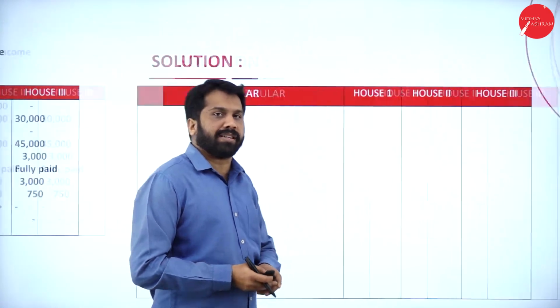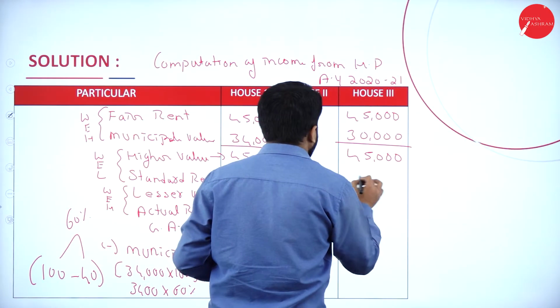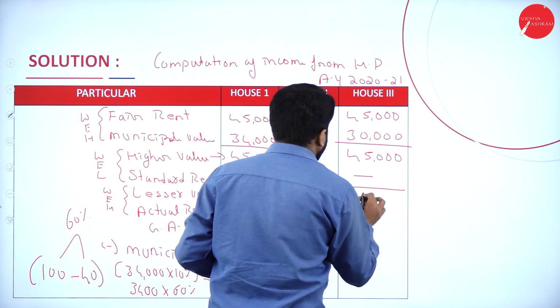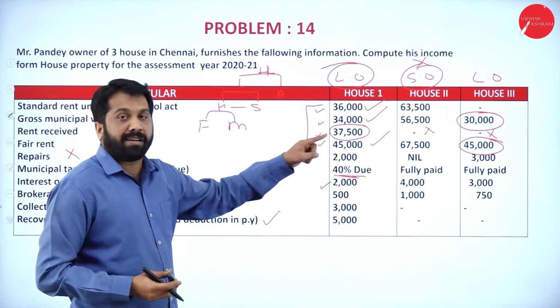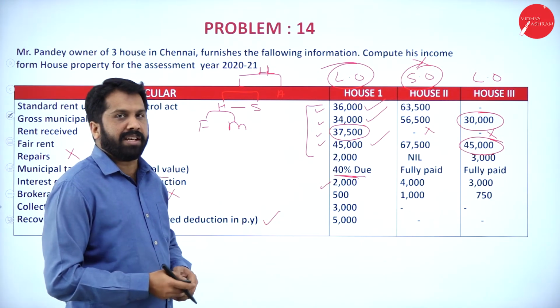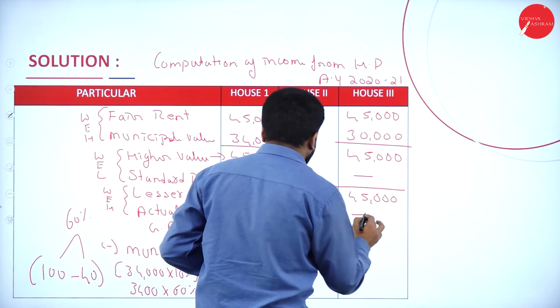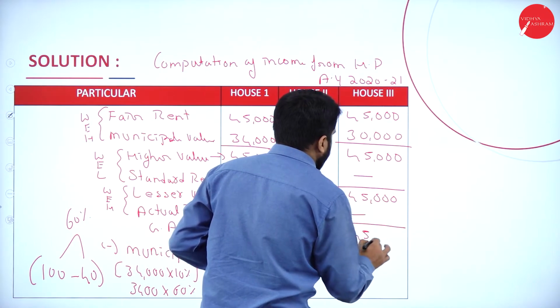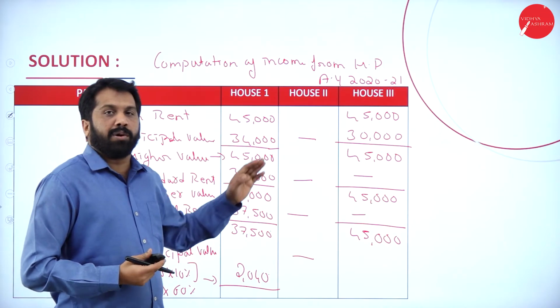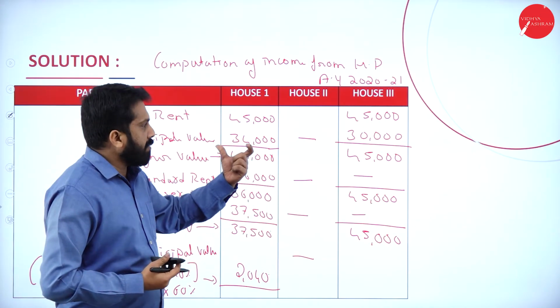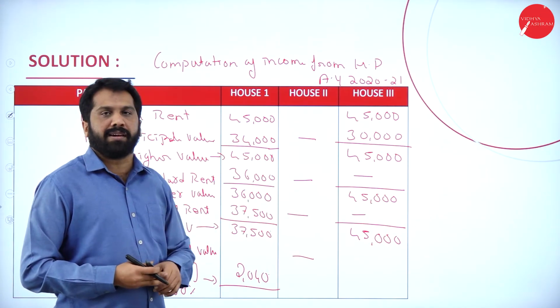No, it is not given. If it is not given, your answer will be 45,000 only. Is there anywhere rent received? It is not given. Again, your answer will be 45,000 only. Any doubt? Up to this, no doubt. Whatever information is there, that is only your answer.